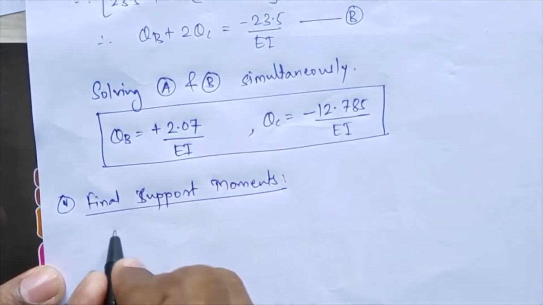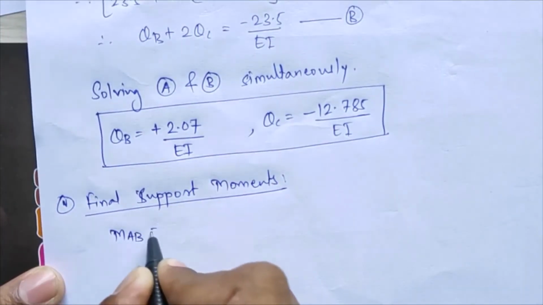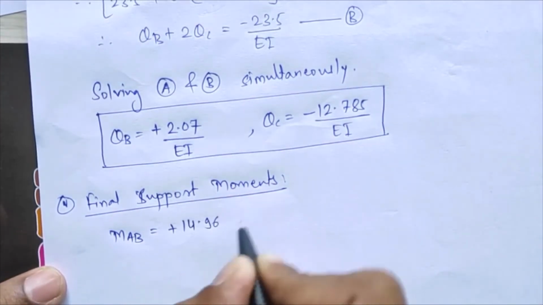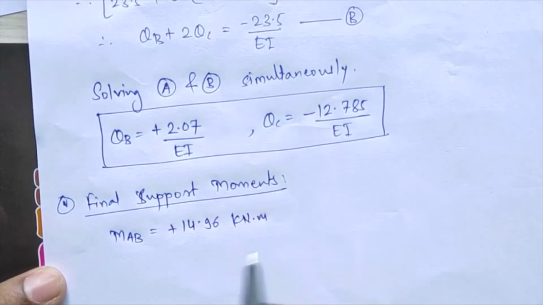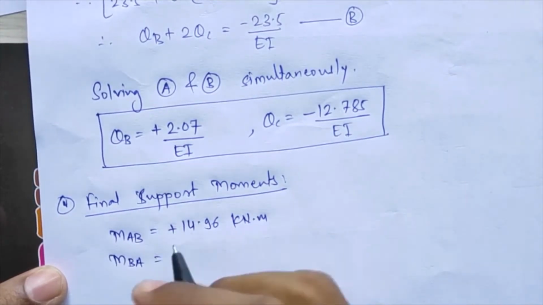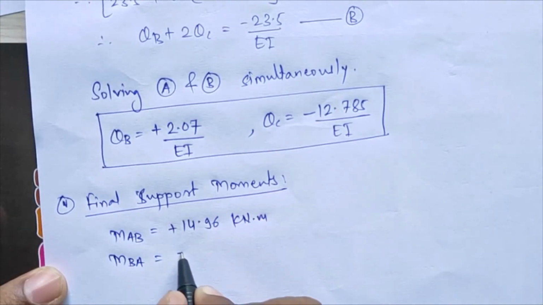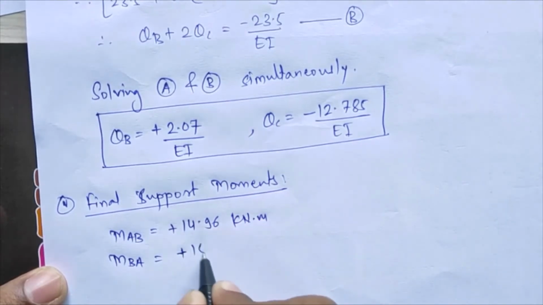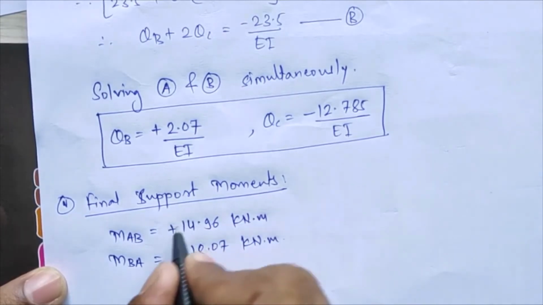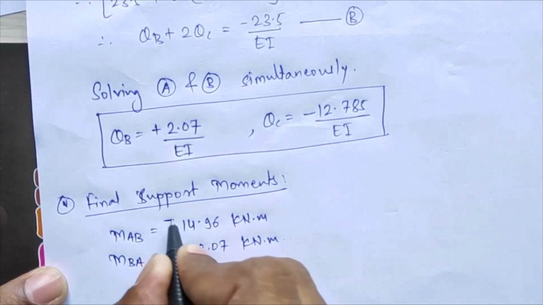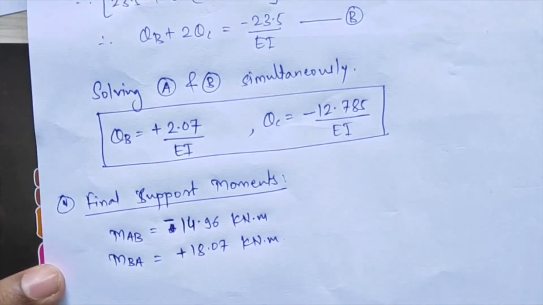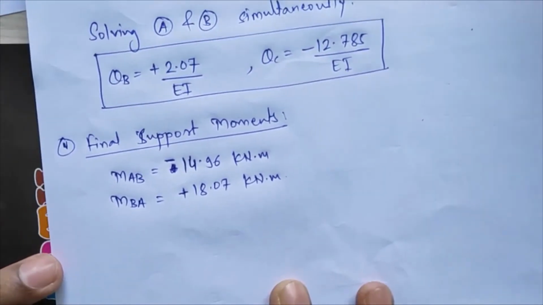So I'll get MAB as minus 14.96 kilonewton meter, sorry, this you are getting as minus 14.96, and MBA as plus 18.07 kilonewton meter.